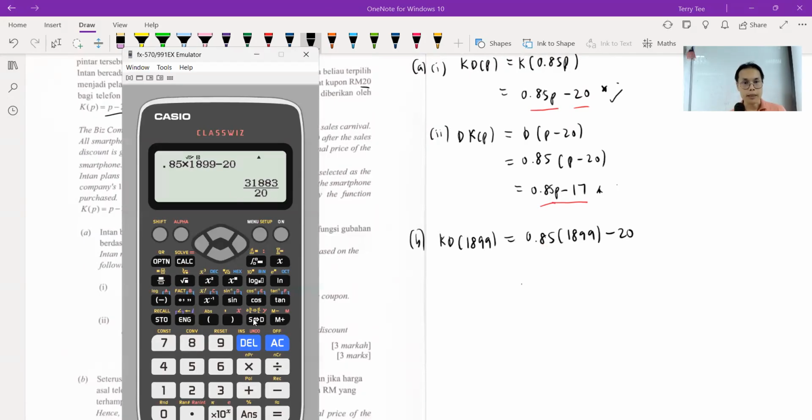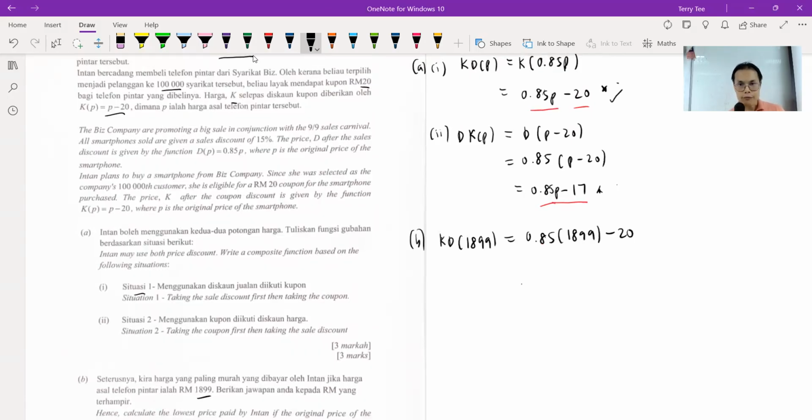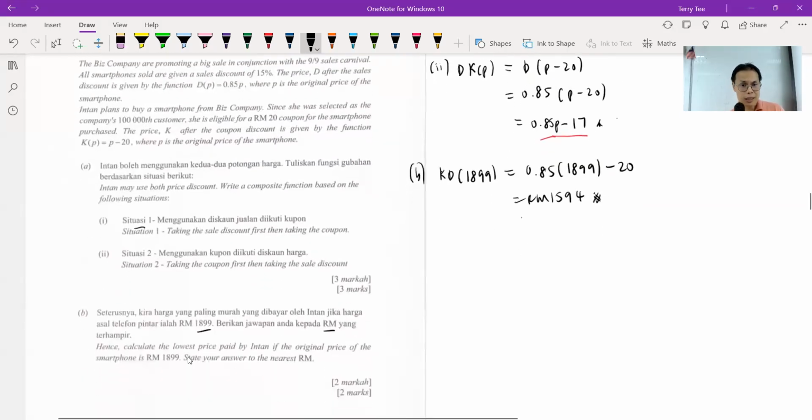There you go. My answer is 1594. They say berikan jawapan kepada RM yang terhampir. So they say kirakan harga yang paling murah. That's it. The cheapest price is by using discount followed by coupon, and it's 1594.